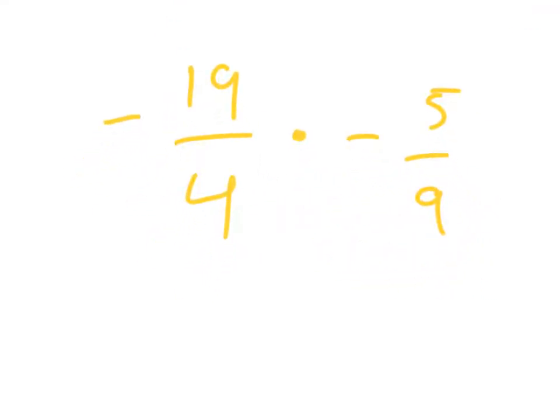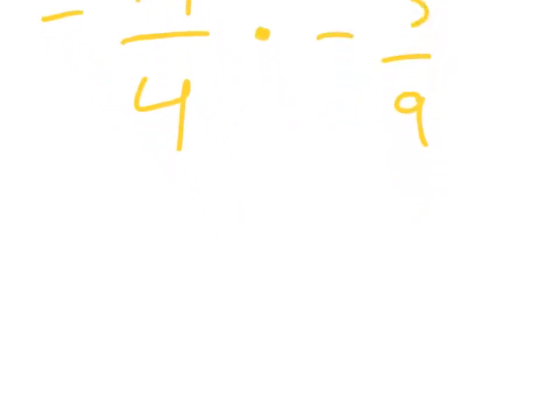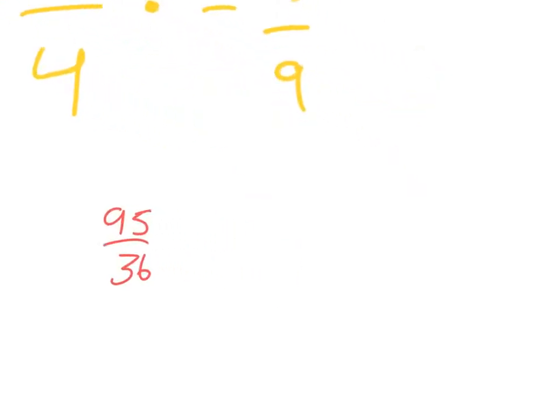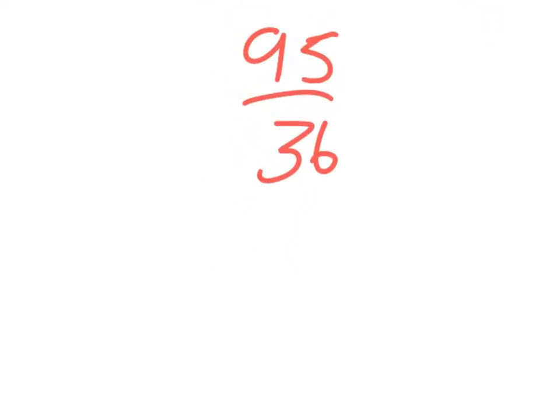5 times 19 is 50 plus 45, 95. 95 over 36. So now we have to reduce and make it a mixed number. So 36 goes into 95.